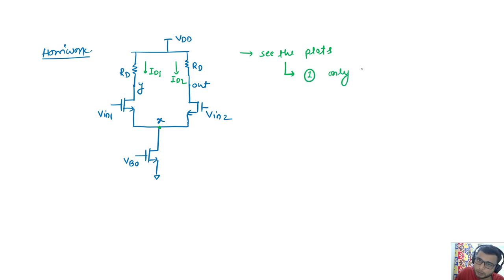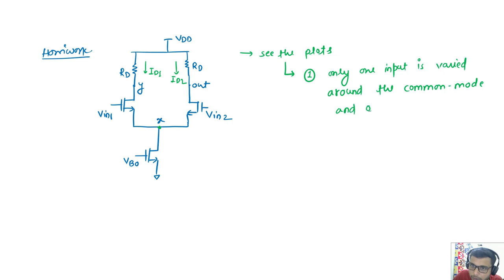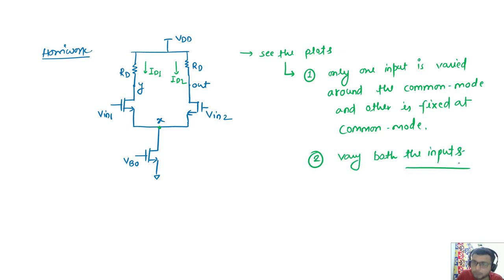One, only one input is varied around the common mode and the other is fixed at the common mode, which we have done. Second, vary both the inputs. In the coming video you will see the 5 transistor OTA response for the step signal.